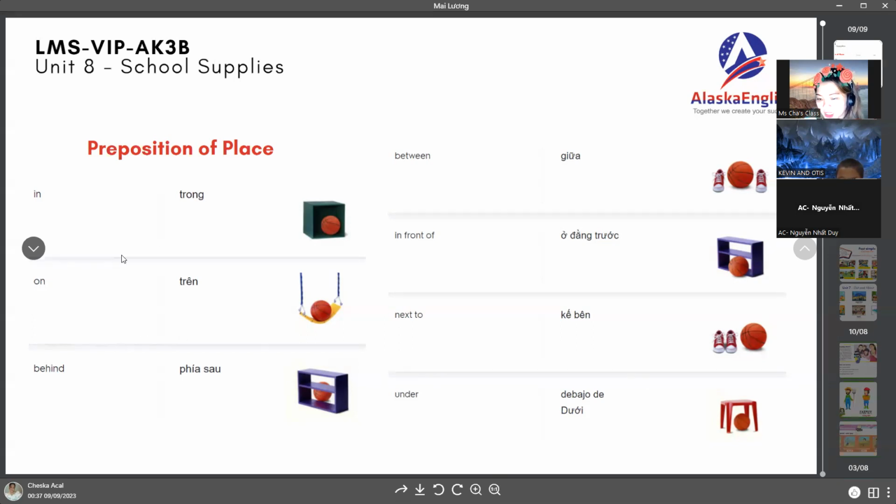Can you read it for me? In, on, behind, between, in front of, next to, under. All right, so that's it for that one.